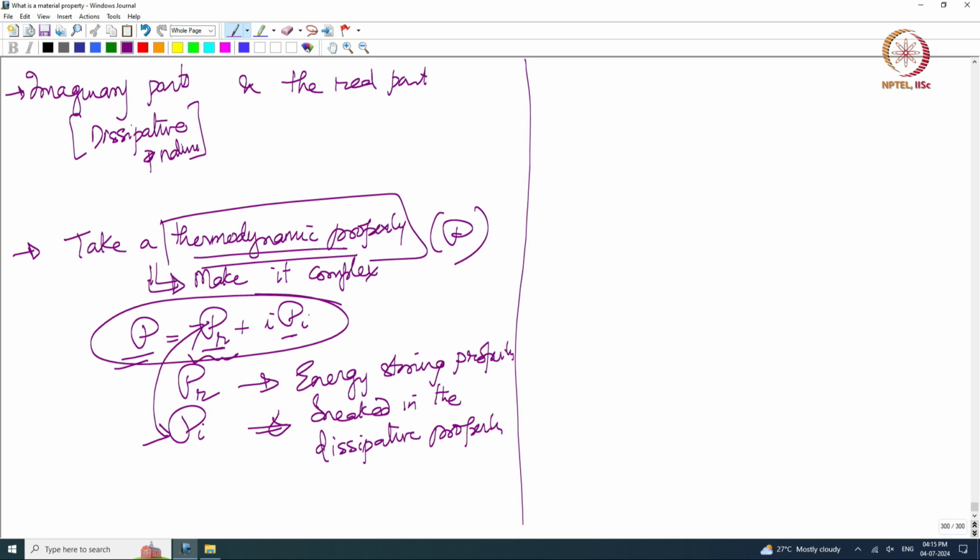I have added more complexity. I sneaked in dissipation. It does not make sense to look at thermodynamic properties only as energy storing properties. For mathematical convenience, I will add in a complex term, and put in the corresponding dissipation. If I have epsilon, I put in the corresponding conductance, as the imaginary part.